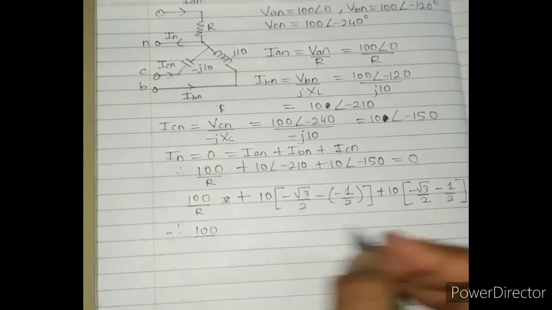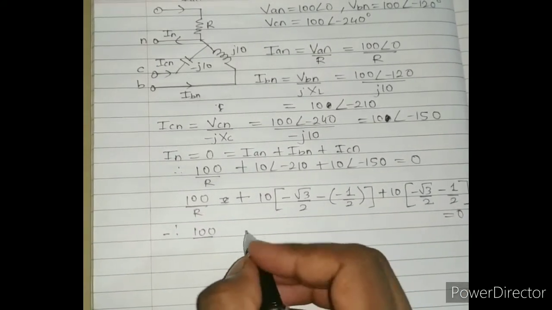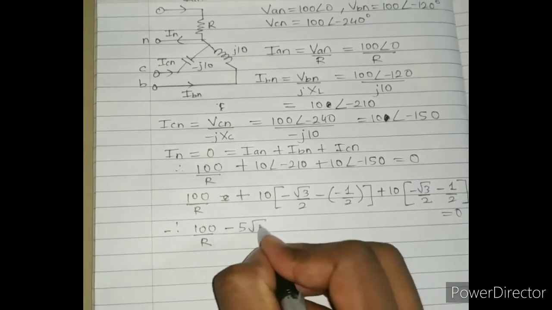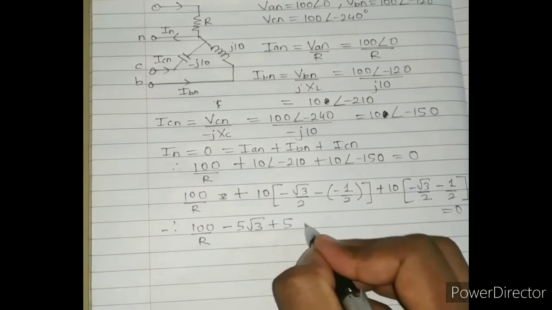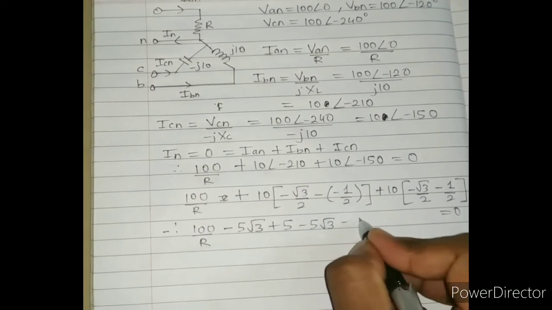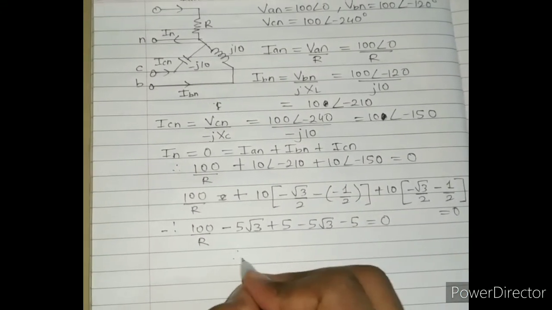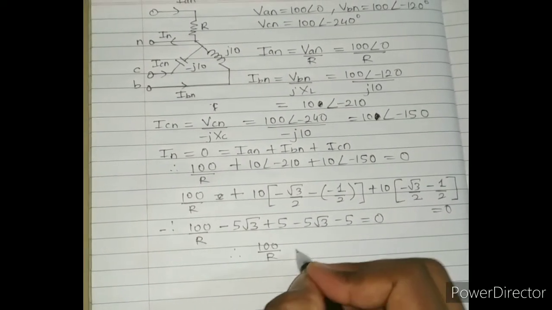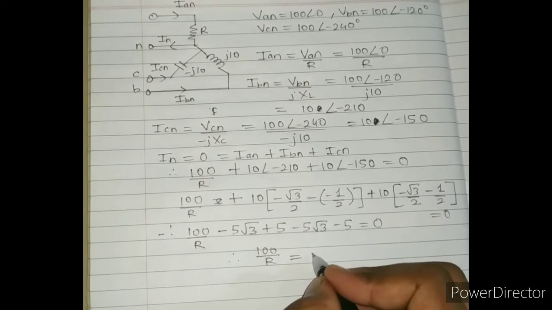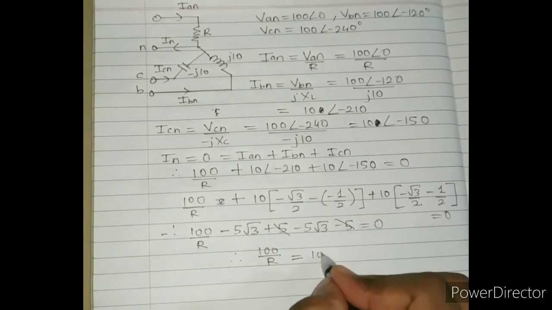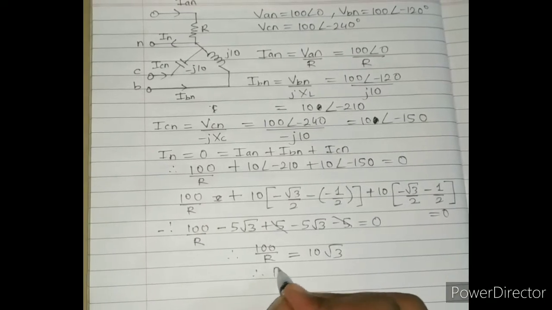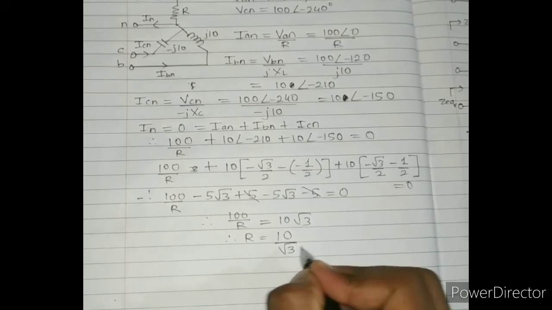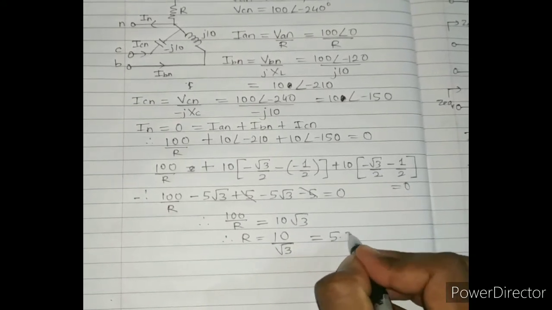Therefore 100 upon R minus 5 root 3 plus 5 minus 5 root 3 minus 5 is equal to 0. Therefore 100 upon R is equal to 10 root 3, because this 5 and 5 get cancelled. Therefore R is 10 by root 3, which turns out to be 5.77 ohms.